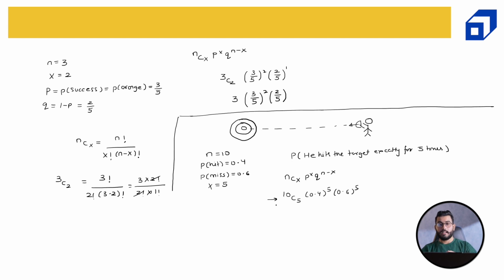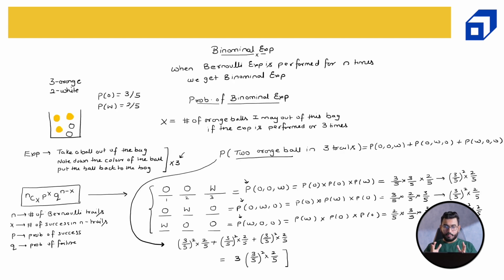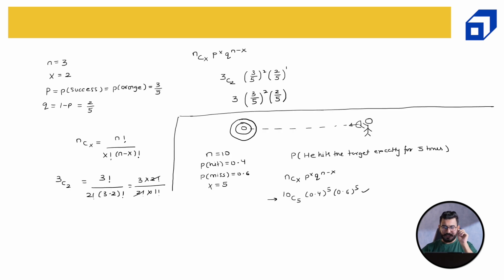What is the probability that if the person is trying to hit the target 10 times, he will make an exact hit 5 times? This will be your probability. This is the binomial probability. Now, if I calculate the probability for all the random variables, in the case of hitting the target, what is my random variable?